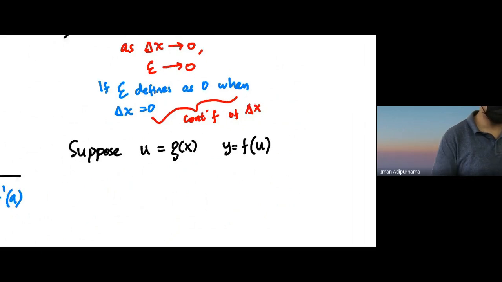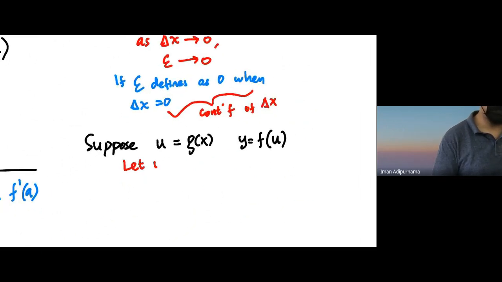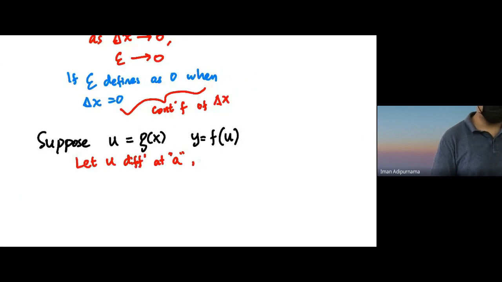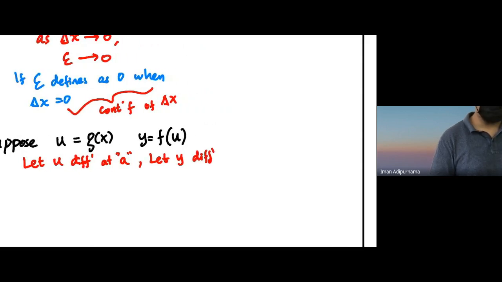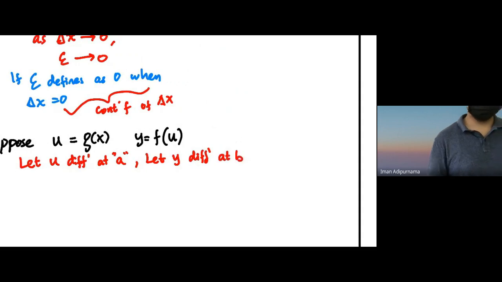Let u be differentiable at some number a, and let y be differentiable at b. So b is g of a.